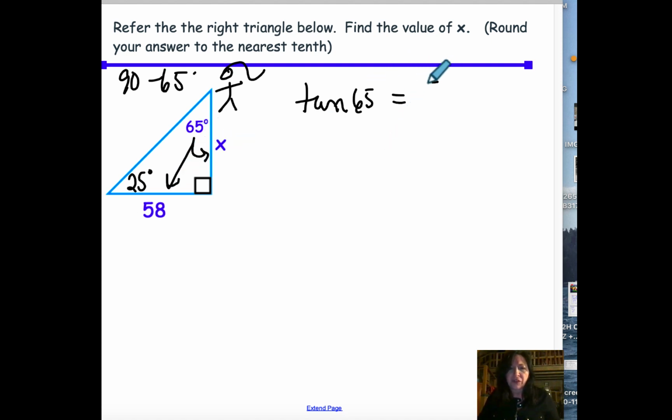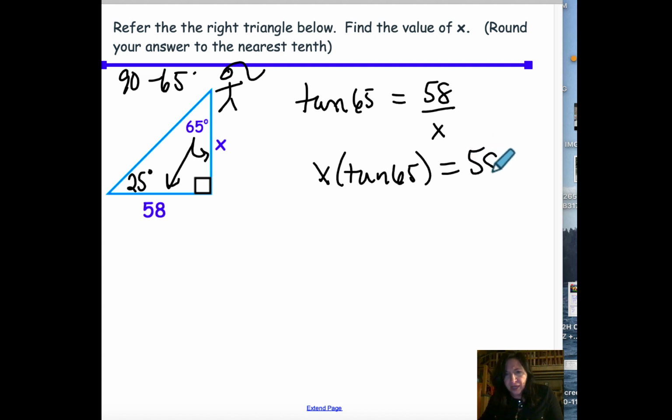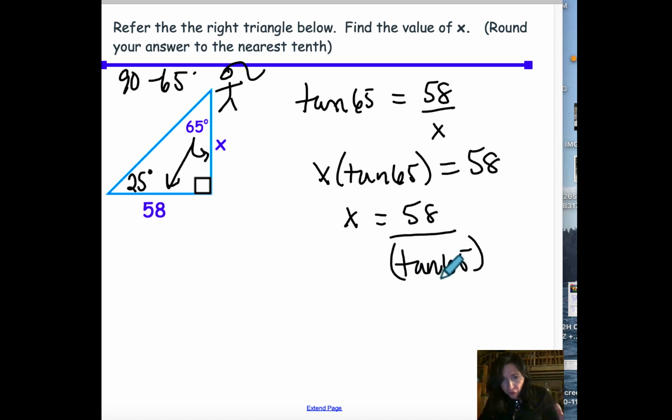So that's going to be 58 over x. Opposite over adjacent. So doing that, I'm going to get x times tangent of 65 is equal to 58. And then I'm going to divide by tangent of 65 on both sides, and I get x equals 58 divided by tangent of 65. Use parentheses too, by the way.